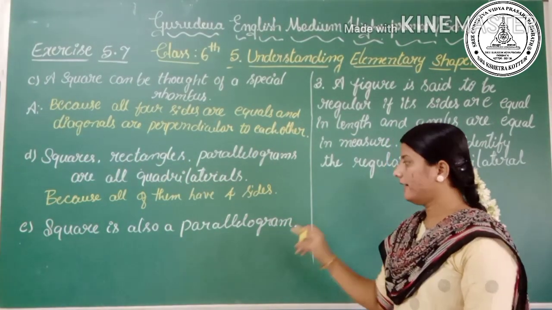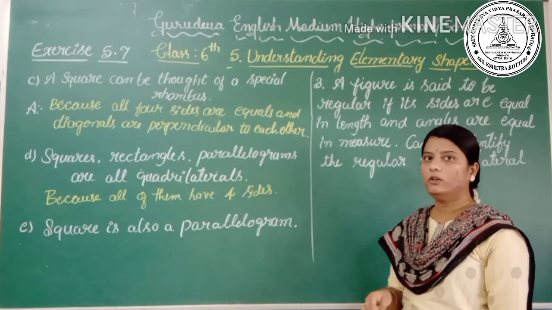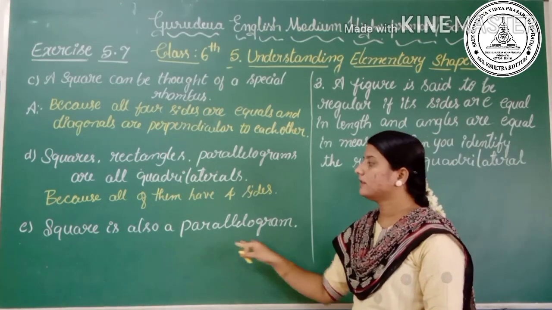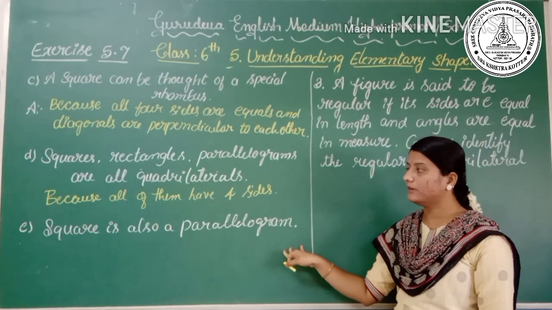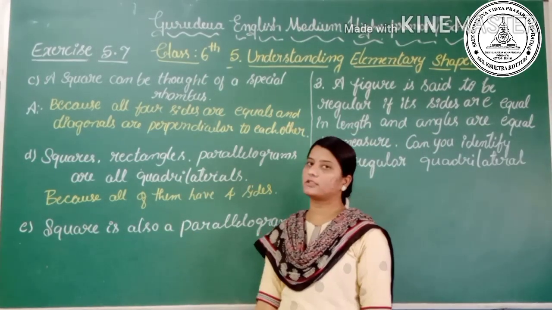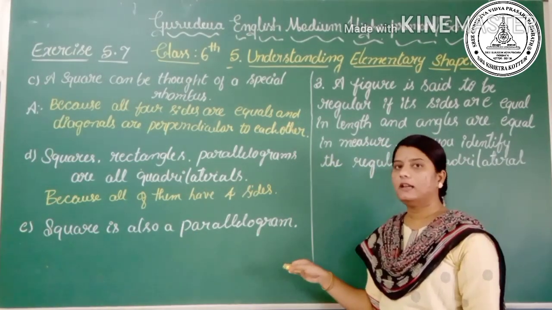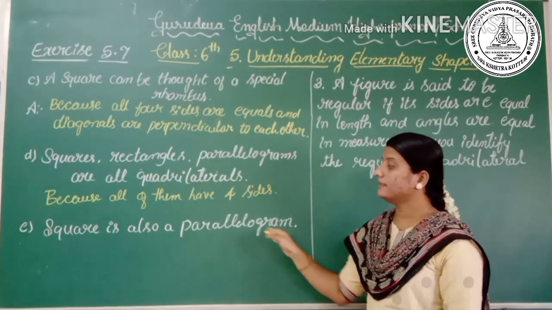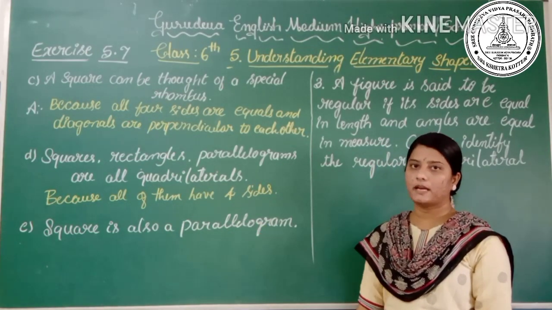Then, even a square is also a parallelogram. Yes, why? Because the opposite sides are equal and parallel to each other. Right? The opposite sides of the square are equal and parallel to each other, so a square is also a parallelogram.